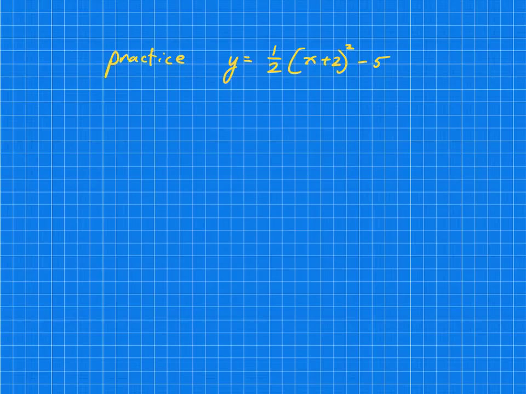In the process, see if you can find the vertex, the axis of symmetry, the domain, the range, and whether it is a maximum or a minimum. I am going to pause for now, and when we come back, I'll solve this quickly for you.